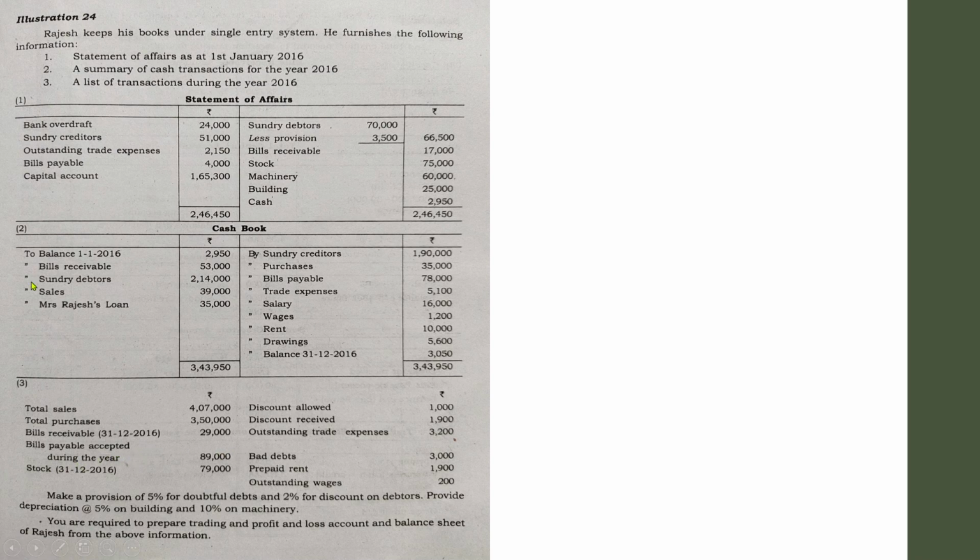Bills payable opening balance is also there, but there is no information regarding bills payable closing, so we need to find that out. Closing stock is given. Discount allowed is there. Discount received is there. Outstanding trade expenses: make sure whether there are any outstanding trade expenses. So opening balance and closing balance is given.